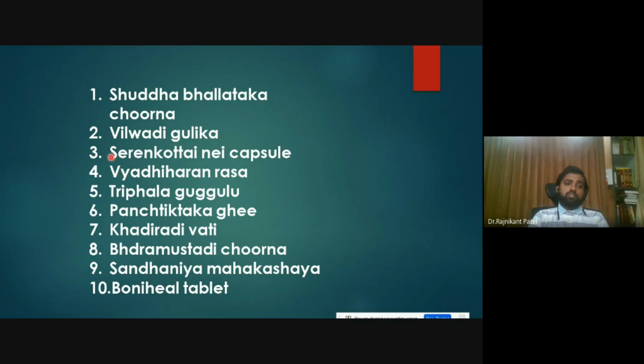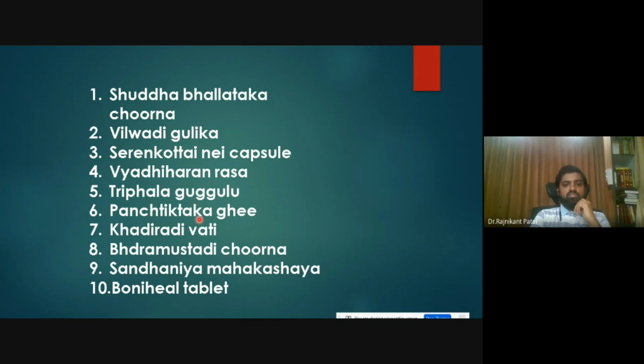So these are the treatment options that we have used in this patient. Shuddha Bhallataka Churna, Bilwadi Gulika. Shuddha Bhallataka is Semecarpus anacardium. Bilwadi Gulika is a multi-herbal classical medicine. Serencotinine capsule also contains Semecarpus anacardium. Vyadhi Ari Rasa is the most important medicine to treat any bone related disease.